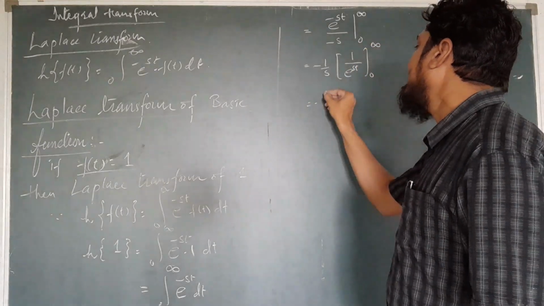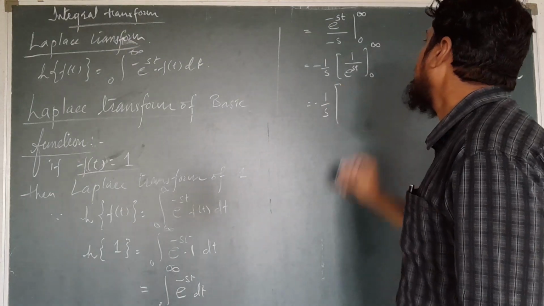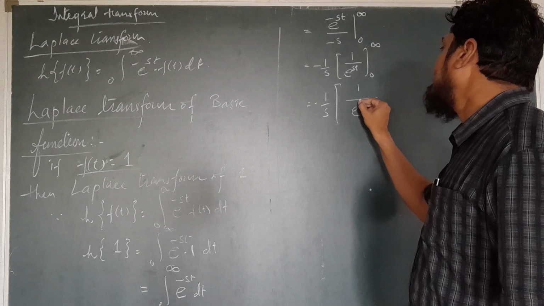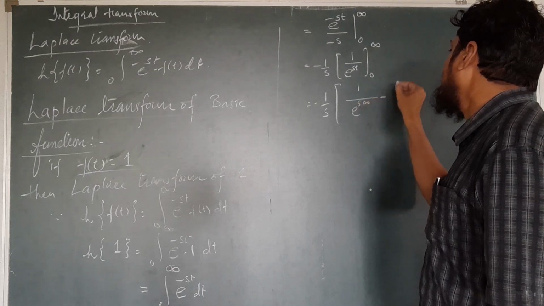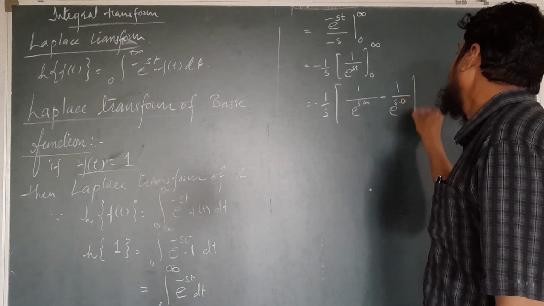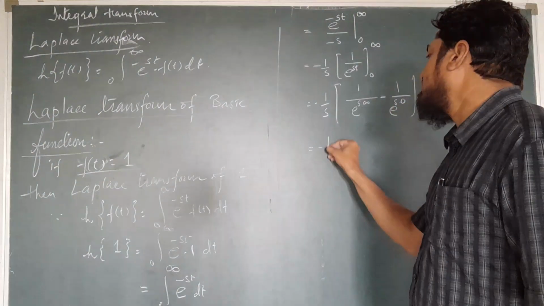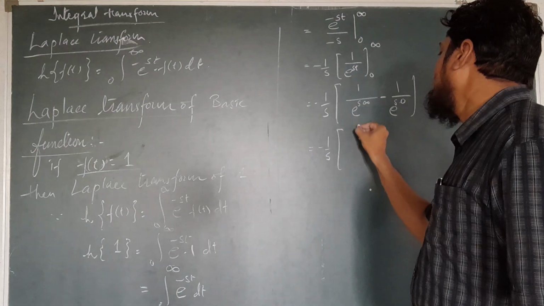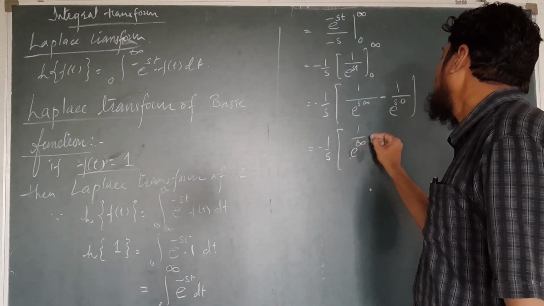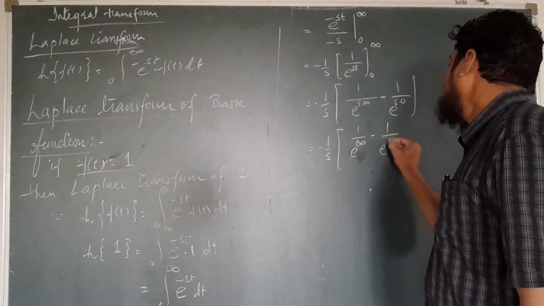Correct? Now minus 1 upon s as it is, times 1 upon e raised to s into infinity minus 1 upon e raised to s into 0, and we will get minus 1 upon s, times 1 upon e raised to infinity minus 1 upon e raised to 0.